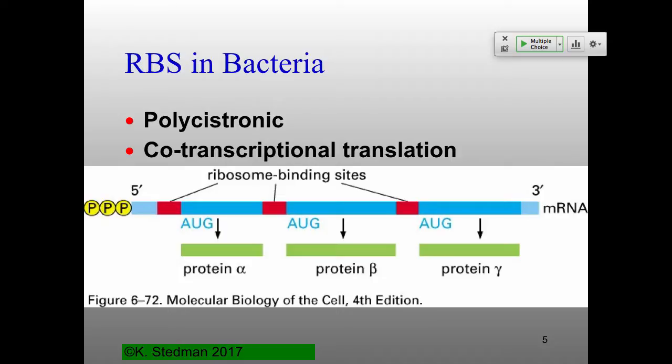And so you have transcription and translation happening more or less simultaneously, or at least one immediately after the other. You can't have it simultaneous because, of course, you have to transcribe before you can translate. But transcription and translation are very closely coupled in this case.